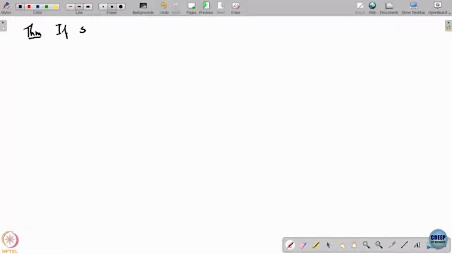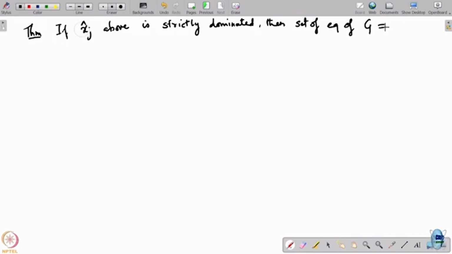Theorem: if the above x hat j is strictly dominated, then the set of equilibria of G is equal to the set of equilibria of G hat.